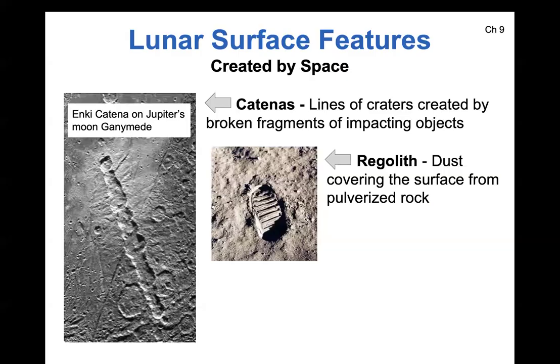Okay, so then there's the regolith, which is kind of weird to group in. This is the moon dust, which is how it was listed originally, because we've been talking about these big features. This is more like, on the small scale, what the surface is made out of. It covers the whole surface of the moon, and it's just this pulverized rock that makes this really fine dust.